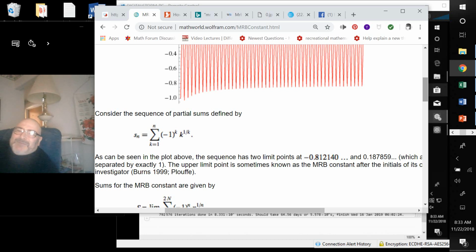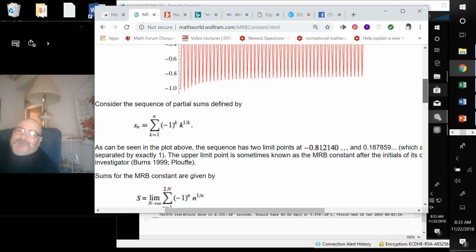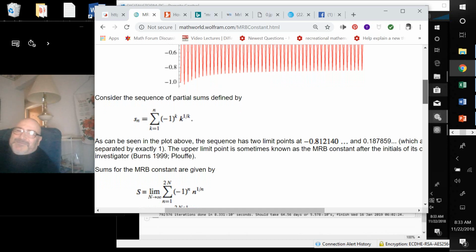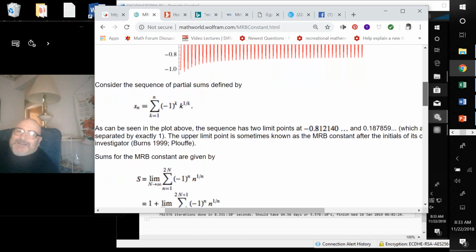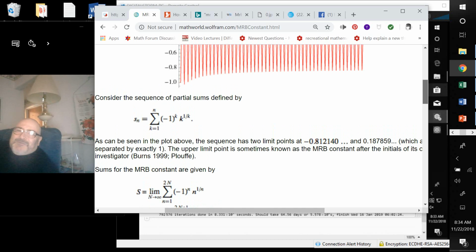Probably I have some mathematicians cringing at me saying it that way, infinity point. How do I know if infinity is odd or even? I don't know. I was just assuming it was even, but it's probably neither. But at that place, wherever it is, however you describe it, the two limit points are separated by exactly 1.